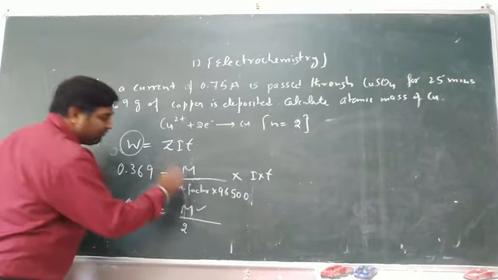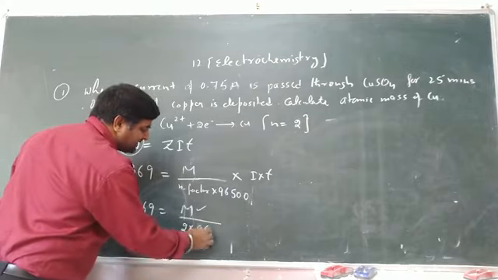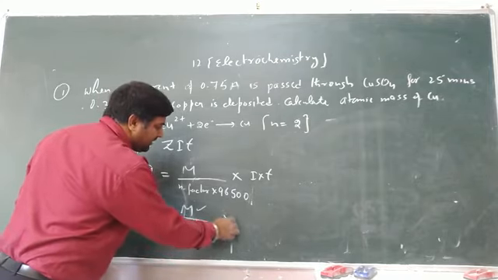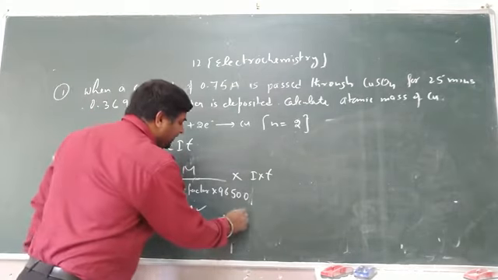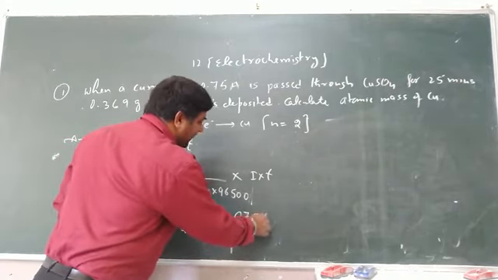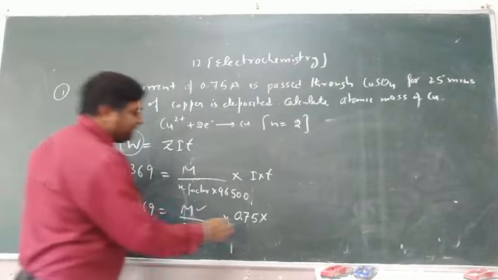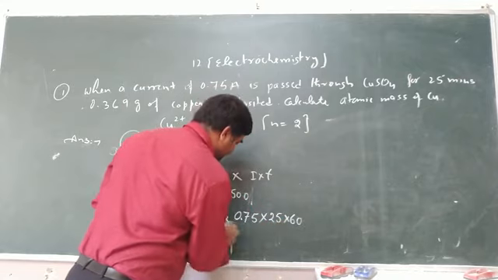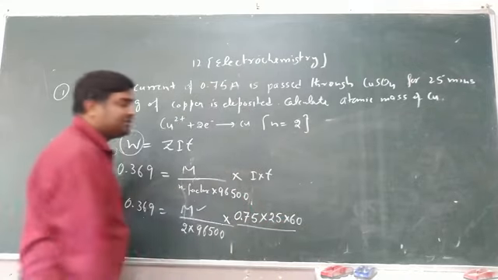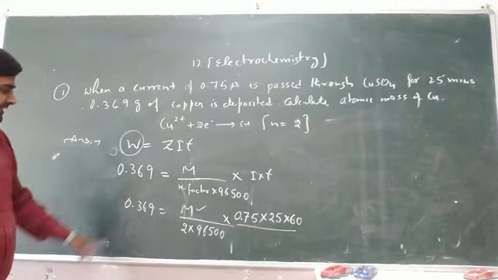N is 2, into 96500 into current. What is the value of current? 0.75. And what is the time given? 25 minutes. 25 into 60. The minutes have been changed into seconds.